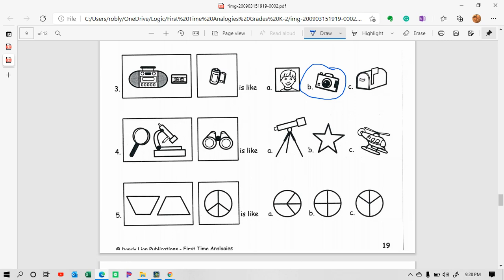Because both of these are good for seeing things close. So we need a partner for this one to see things far away. Would it be a telescope? Stars. Now, stars are far away, but that's not going to help us see stars. A helicopter would get us closer to stars in the sky, but not really that much closer. But a telescope will do wonders for seeing things in space. So that would be the choice here.